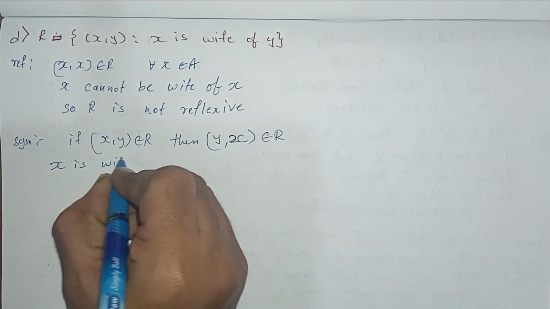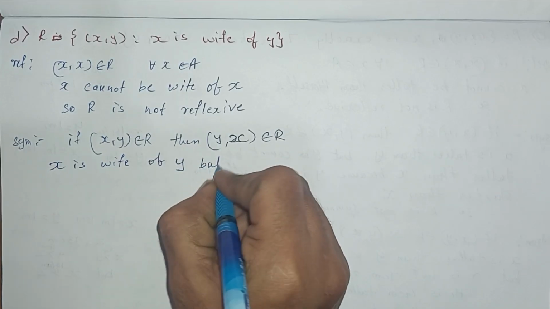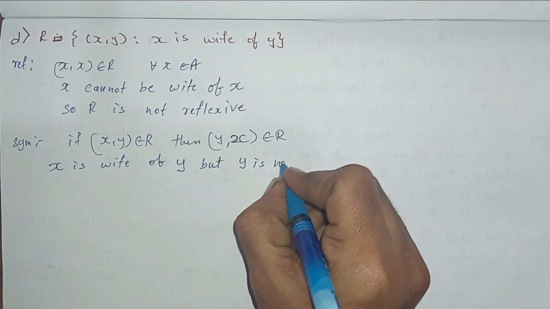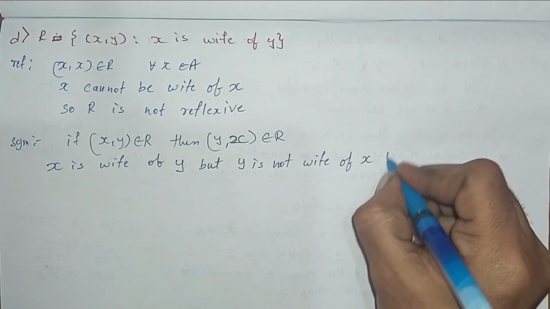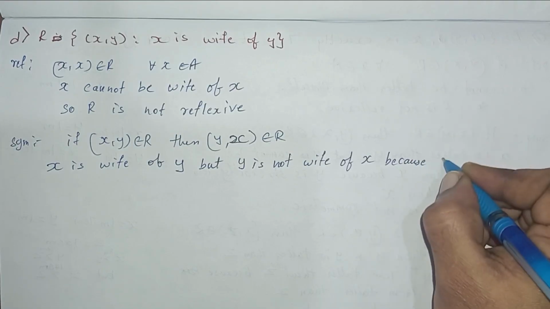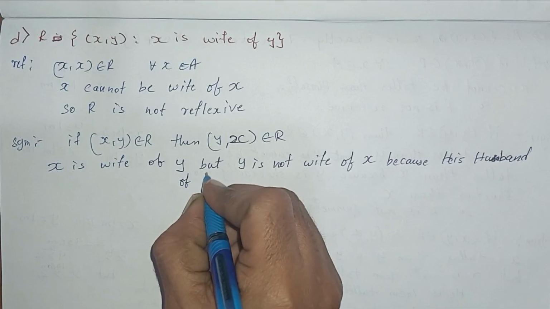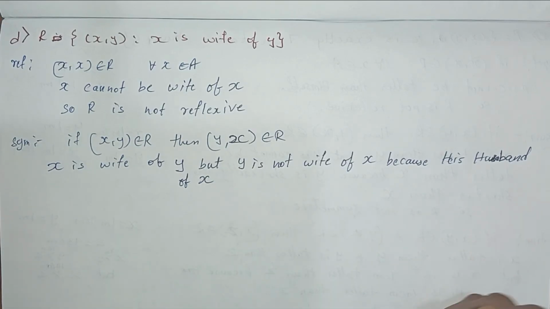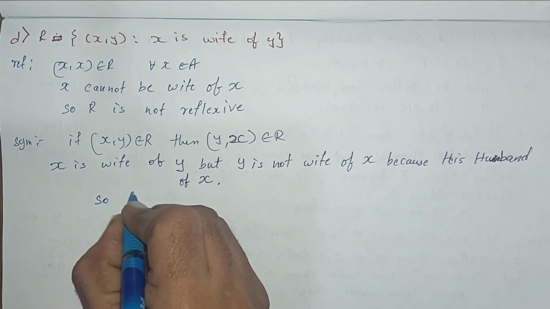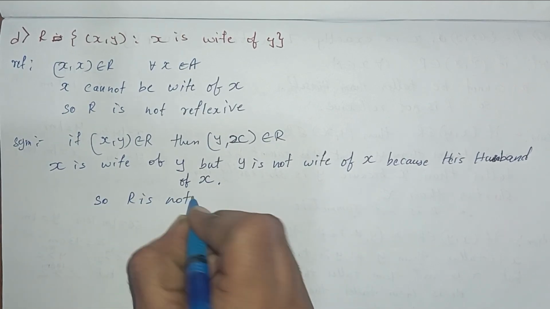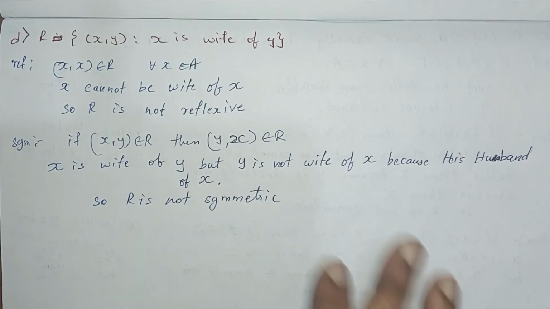X is a wife of y, but y is not a wife of x, because he is the husband of x. So R is not symmetric.